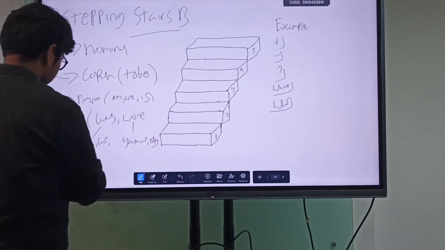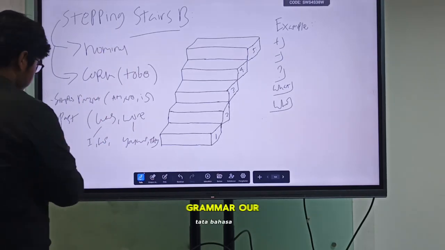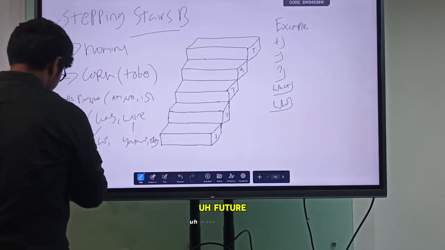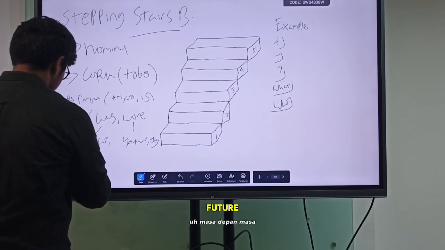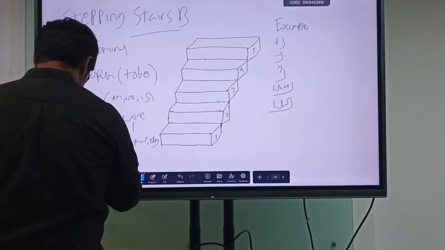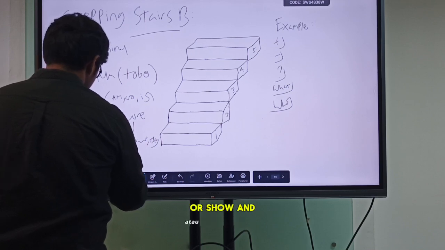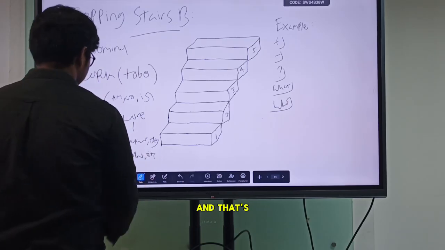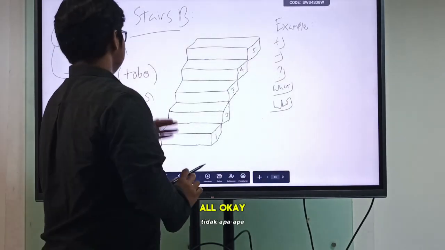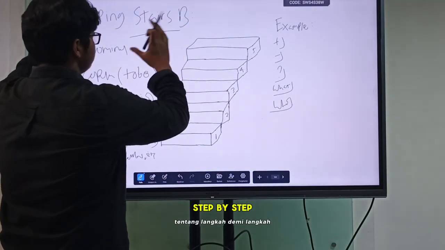Alright. And the last step, we can use it for the future grammar: will be or shall be. Okay. That's the short explanation about the stepping stairs.